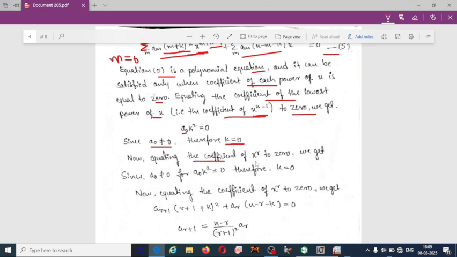Since a naught is not equal to 0 and a naught k square is equal to 0, therefore k equals 0.